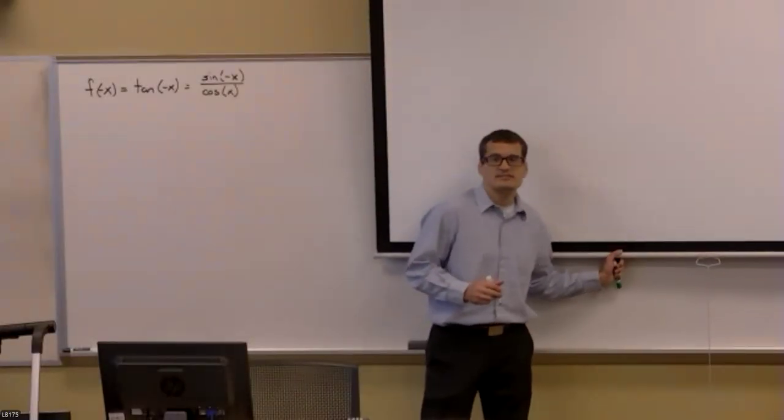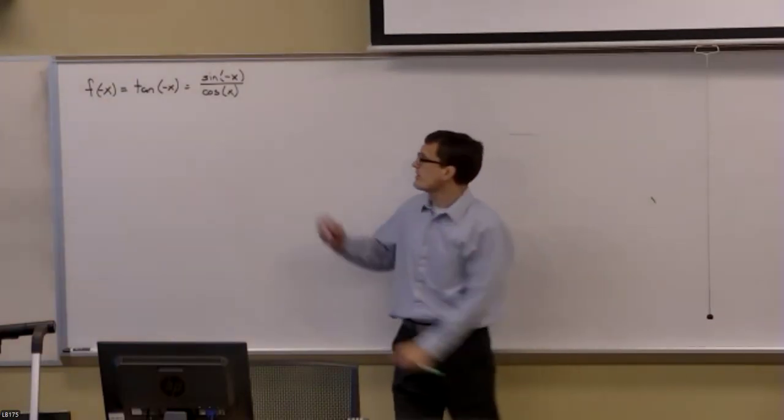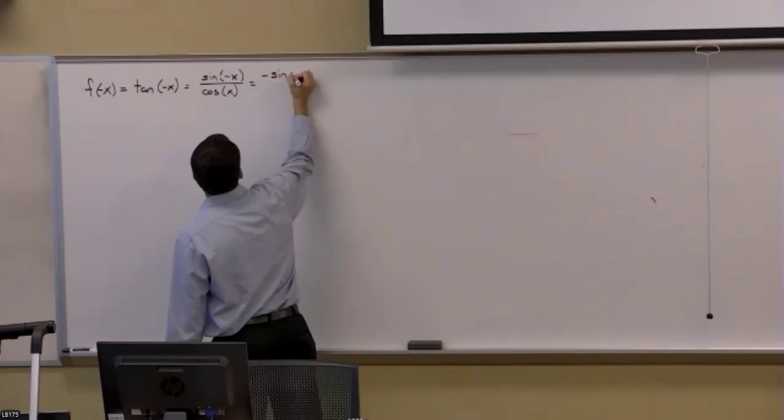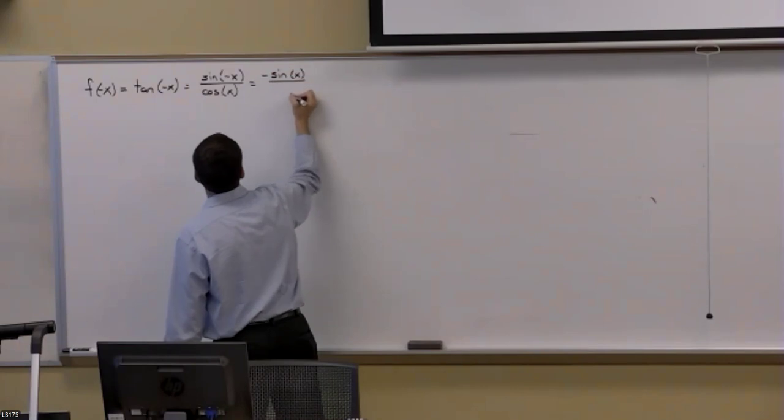We know that sine is odd. So what's going to happen in the numerator is I'm going to get the negative of sine of positive x.